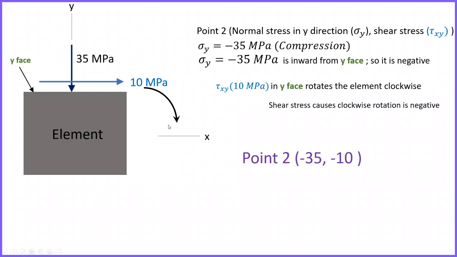So the coordinates of point 2 are minus 35 and minus 10. It is minus 35 because it is the normal stress in the y direction, and negative because this stress is directed inward on the y face, also it compresses the element.